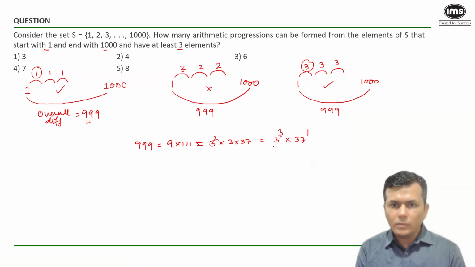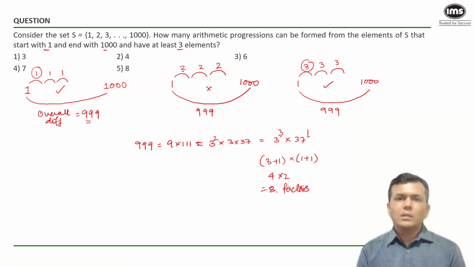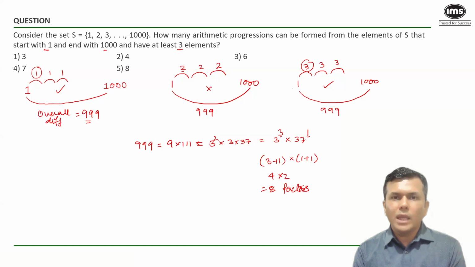So this has 3 power, so 3 plus 1, and this has 1 power, so 1 plus 1. So 4 into 2, we have a total of 8 factors, which means there are a total of 8 different values which can be kept as a common difference, and therefore 8 different APs can be created, right?